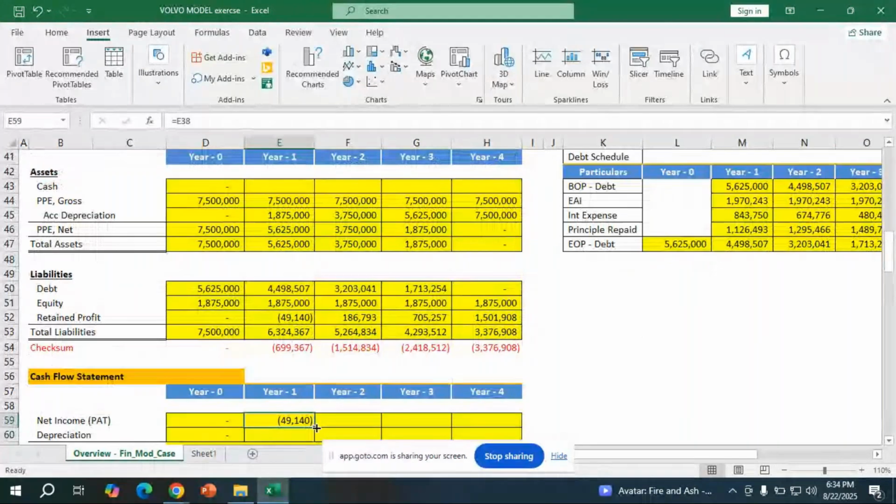So give the reference for all the cell numbers, like this. Right? So let's go to the next step.